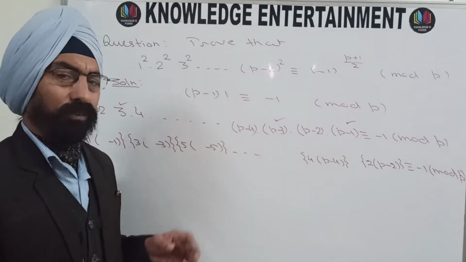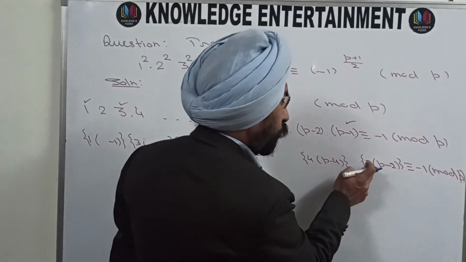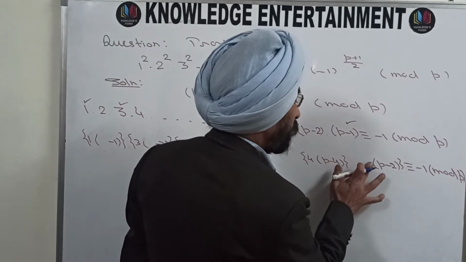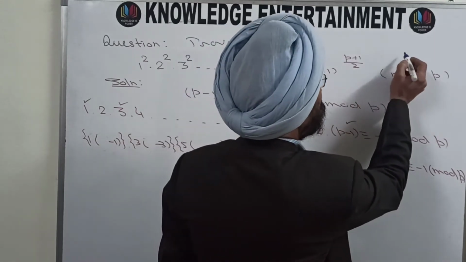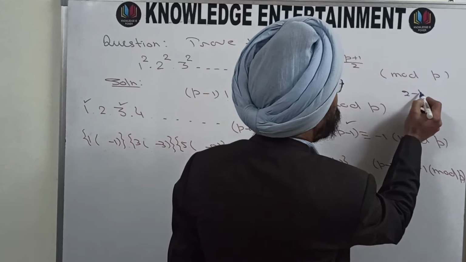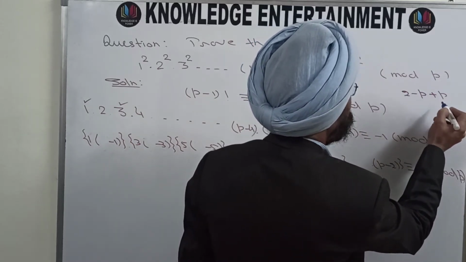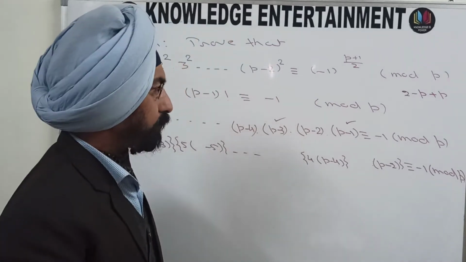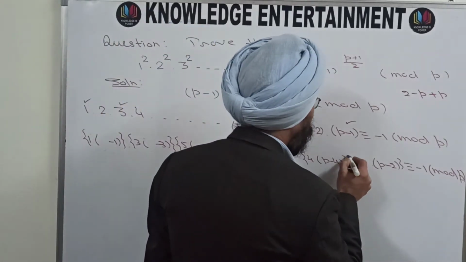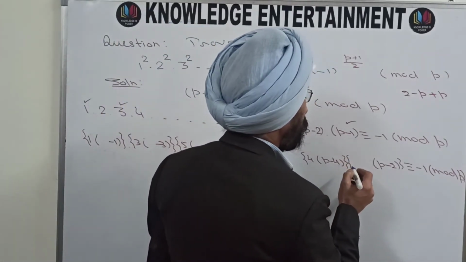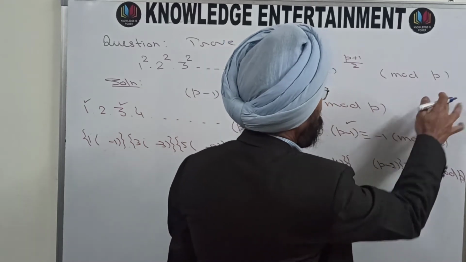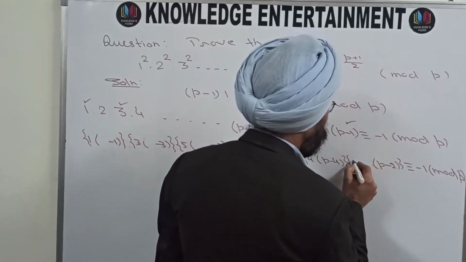From the last half, what we are going to do, this 2, I am going to write as 2 minus P plus P. Leave it, this is actually 2.